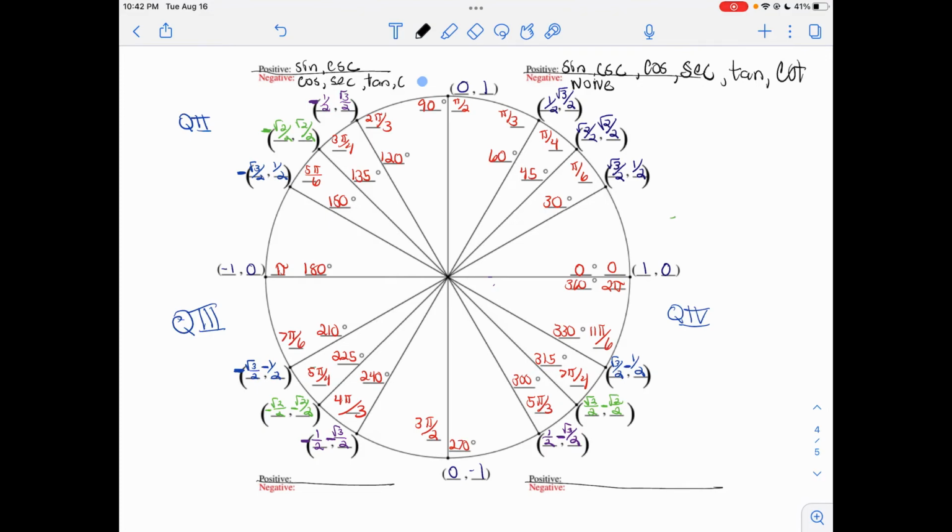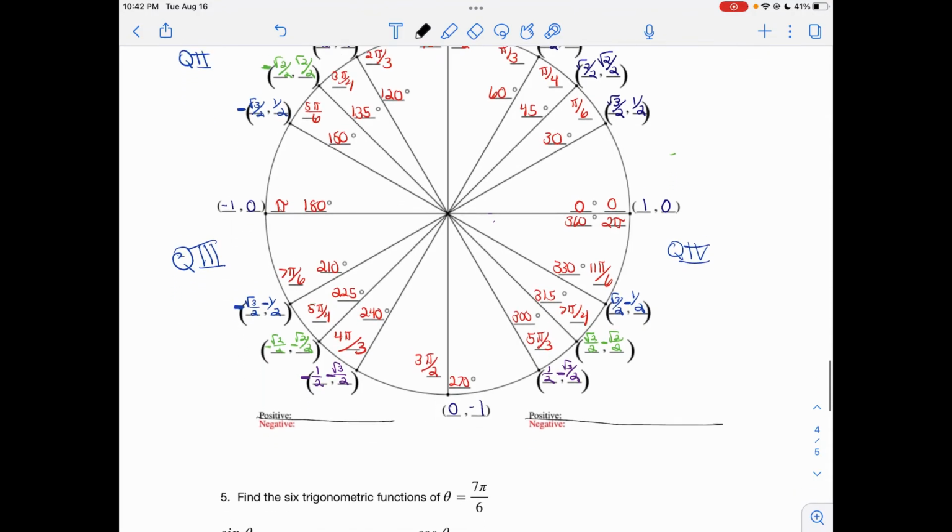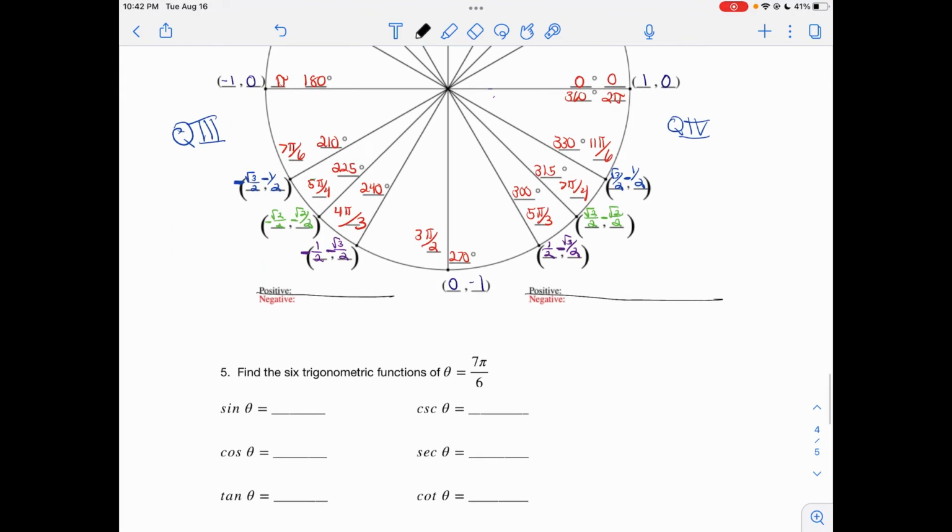So tangent and cotangent are negative in this quadrant. Okay. In quadrant 3, your y value is negative, so that means sine is negative. Its reciprocal, cosecant, is negative. Your x value is negative, so that means cosine is negative, and its reciprocal, secant, is negative. Y divided by x, negative divided by negative gives you a positive, so tangent is positive and cotangent is positive.